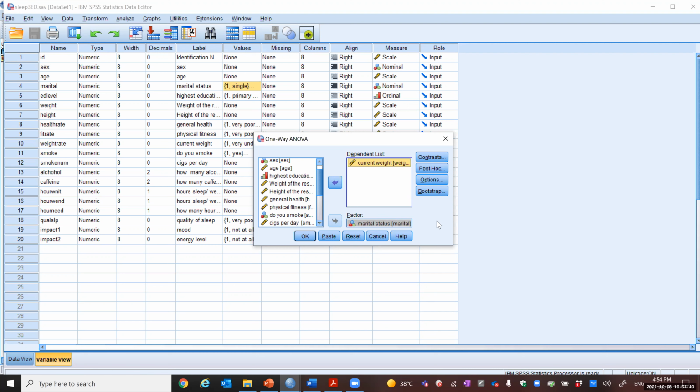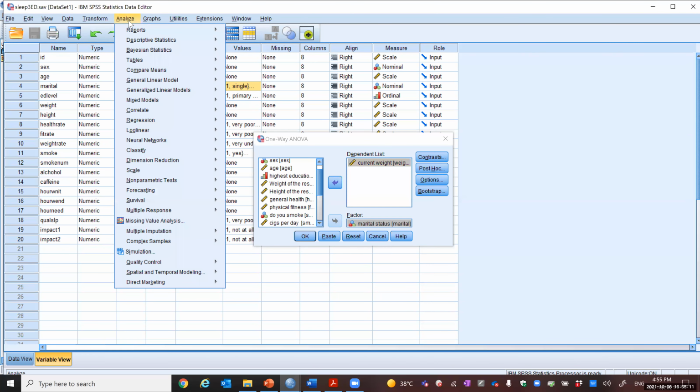Now, if you have more than one categorical independent variable, we will use MANOVA. Not ANOVA, rather MANOVA. For MANOVA, you will go to Analyze, then General Linear Model, and in General Linear Model, you will go to Multivariate.